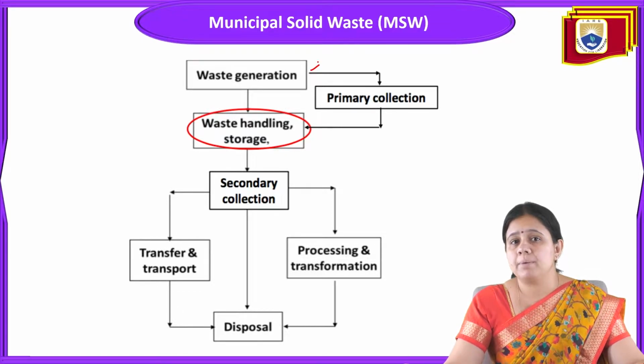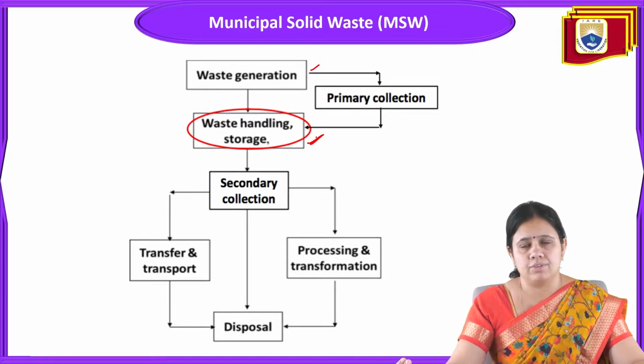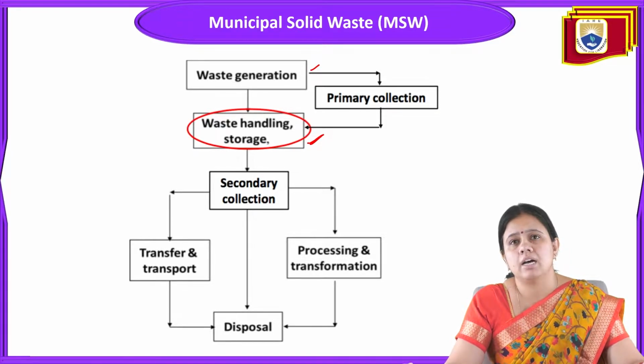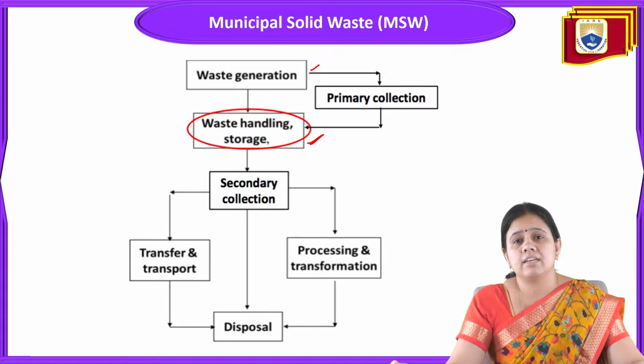After this primary collection method, today we will discuss the handling and storage of waste, meaning storage and handling of waste at the owner's place, where the waste is generated. This is called primary collection. If we take the example of a small house, the waste is generated, and then primary collection happens at the home level.